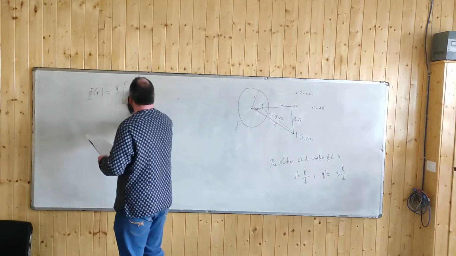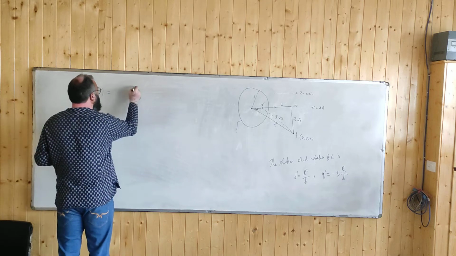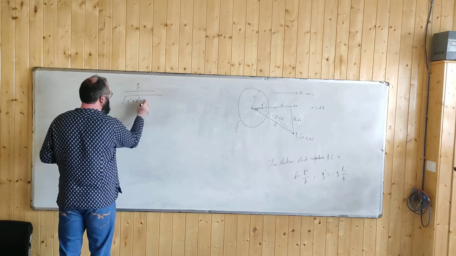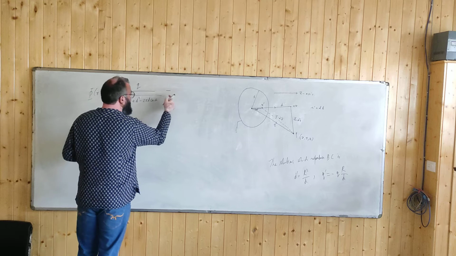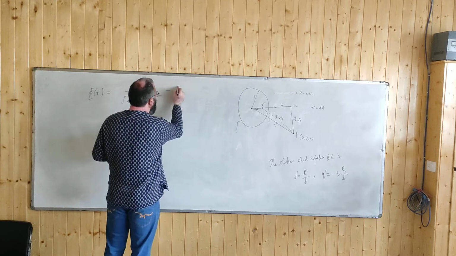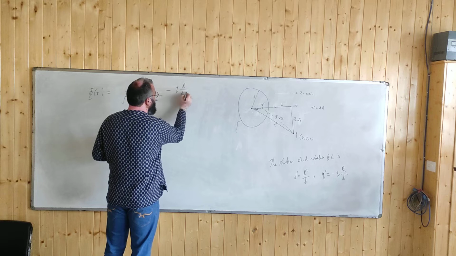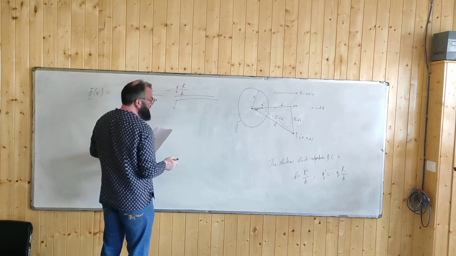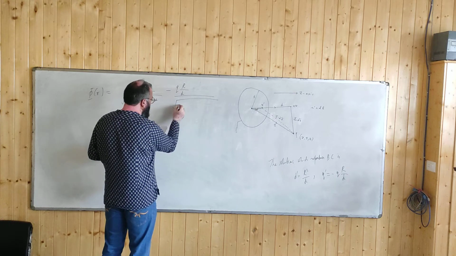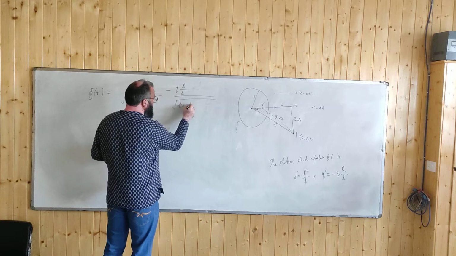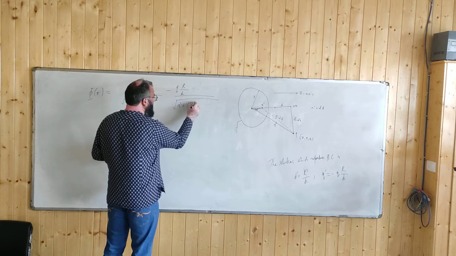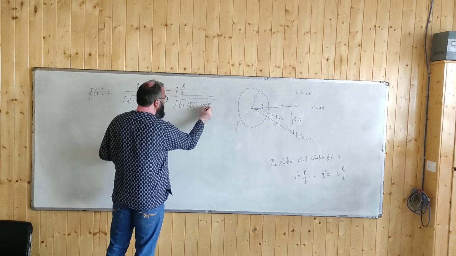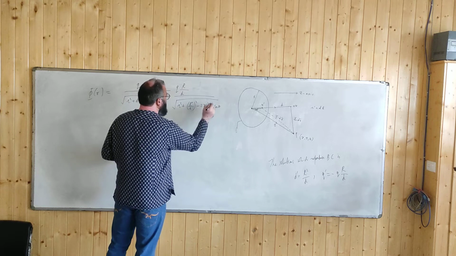Let's write my formula. The first term is q divided by root of r square plus d square minus twice r d cosine of theta. Then you are having what is now q prime? Q prime is minus q r divided by d, multiplied by 1 divided by root of r square plus d prime square, so it is r square by d whole square, minus twice r d prime, what is d prime? It is r square by d, cosine of theta.